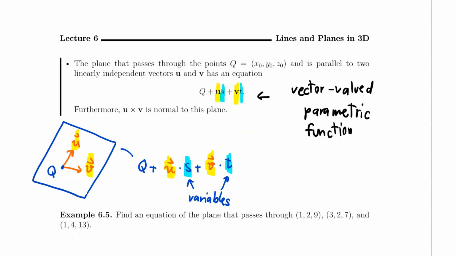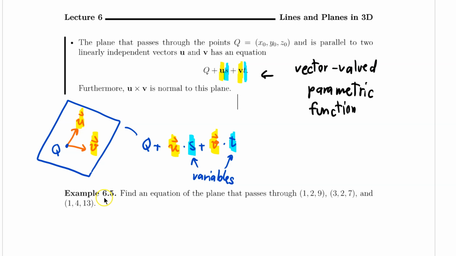Now, before I do the example 6.5 that we have down here, let me point out real quick that this thing, u times something plus v times something, actually has a name. This thing is just the span of u and v.